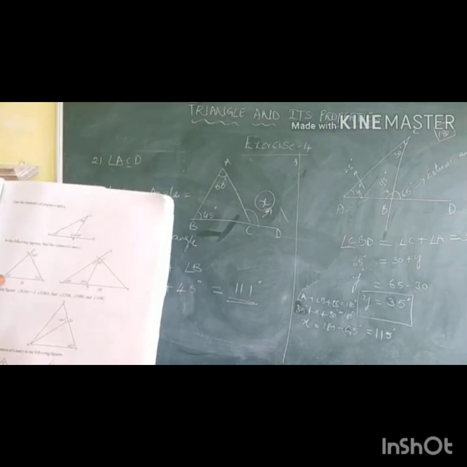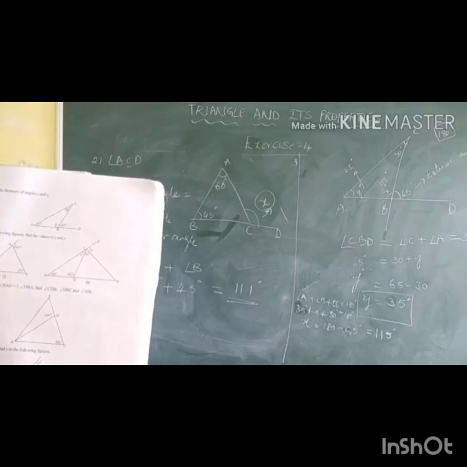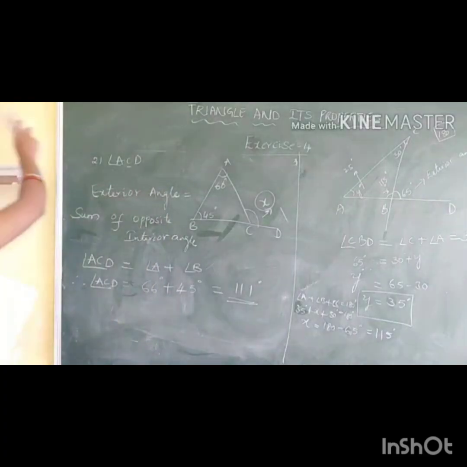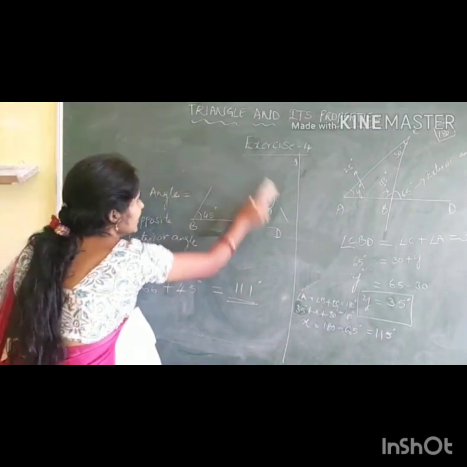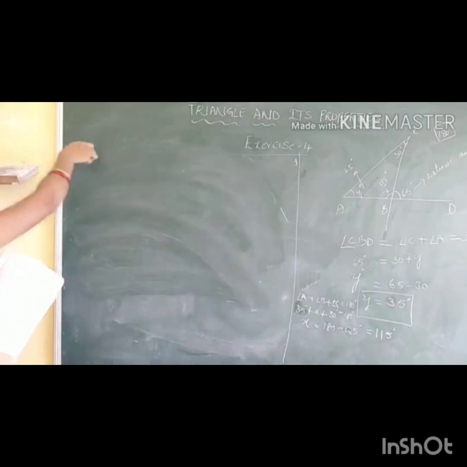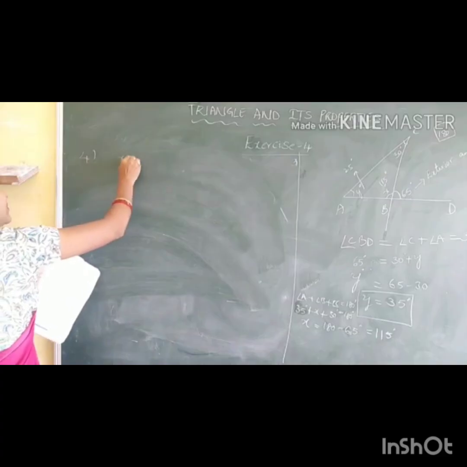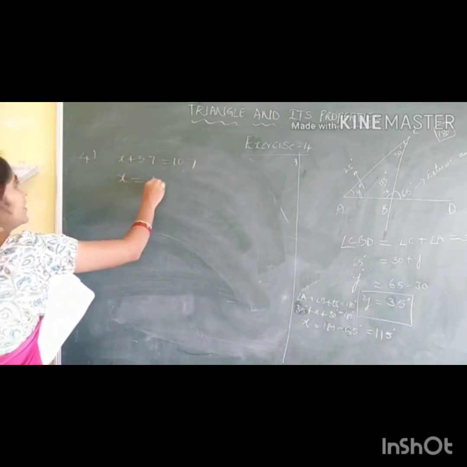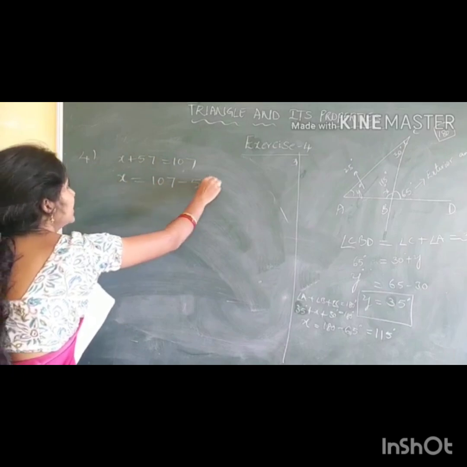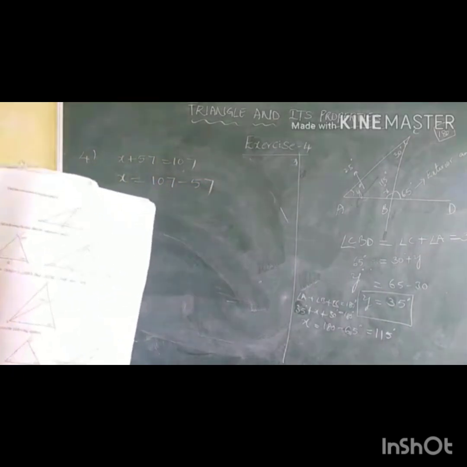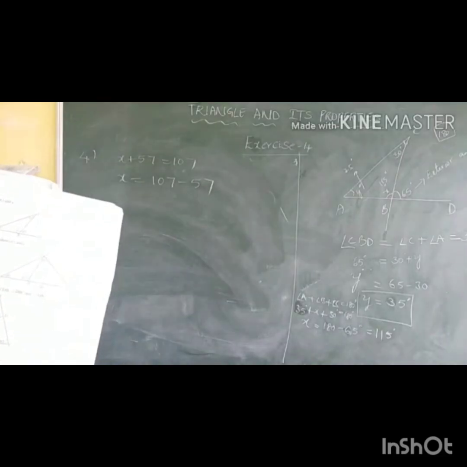So, here opposite interior angles are x and 57. So, x plus 57 is equal to 107. Then subtract 57 from 107, then you can get the x value. This is the first question in the fourth sum.